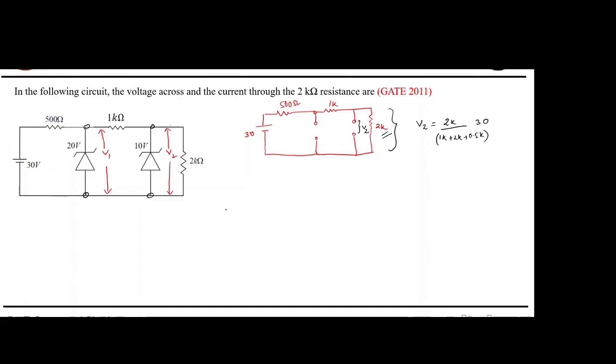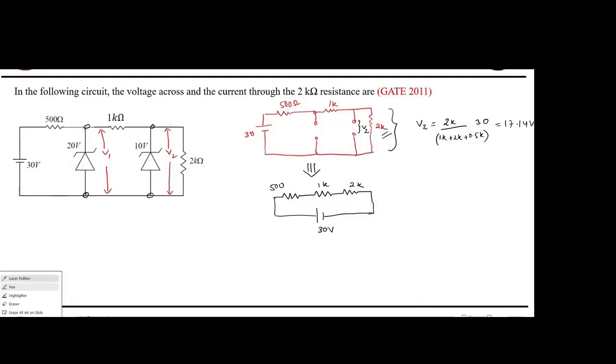Yes, this is just the voltage division rule, because this circuit is equivalent to this circuit: 30 volt, 500, 1K, 2K. By using this formula, you will get V2 to be around 17.14 volt.